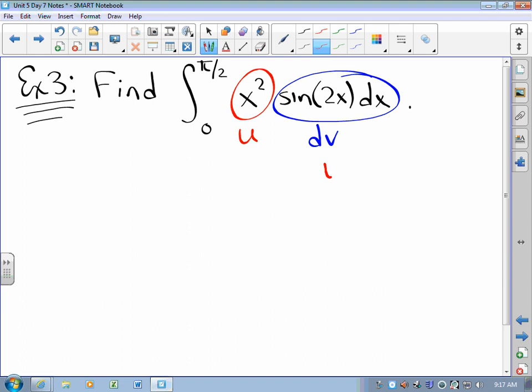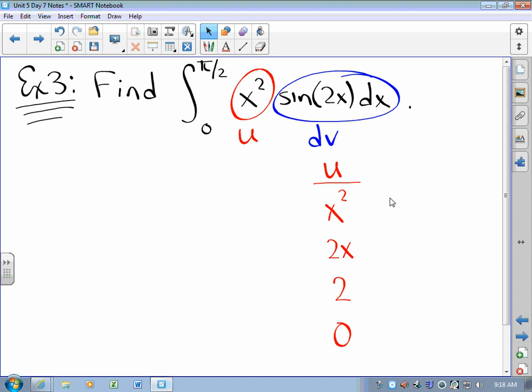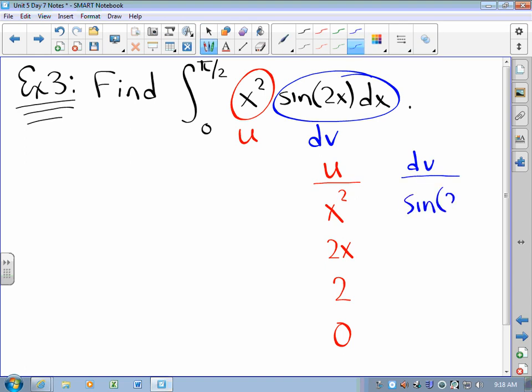And so I'm going to have a u column where I take derivatives of x squared until they run out. That's always the easier part. Then I'm going to have a dv column where I'm going to take antiderivatives of sine 2x. Now the antiderivative of sine of something is opposite cosine of that something, but remember, this is a u substitution problem, and by now you're savvy enough that you know that we're just going to throw a 1/2 in the front.